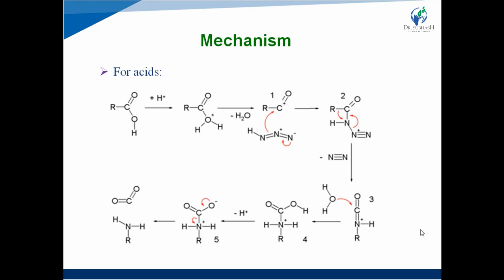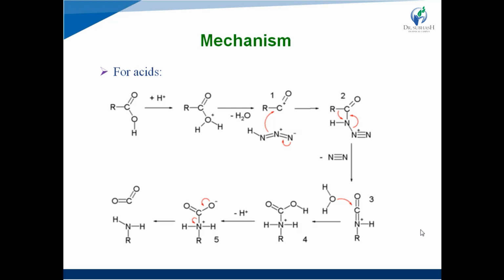Electron of this bond remains on the oxygen atom, so that it is released as a neutral water molecule, and carbon acquires the positive charge, as seen in the first structure denoted as 1. That is the acylium ion or electrophile, and carbocation.